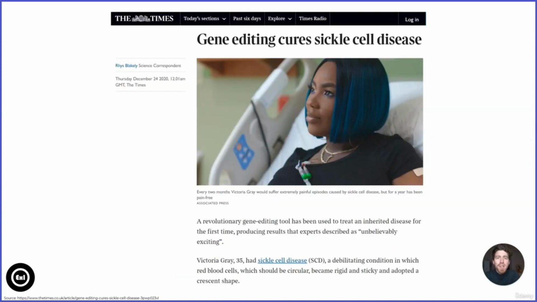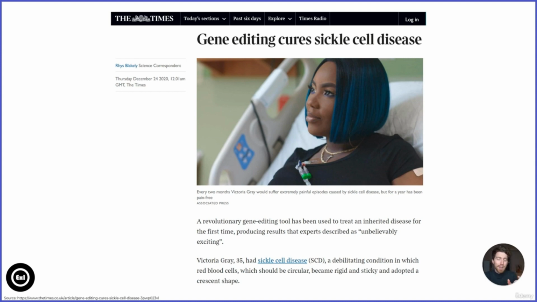In this short article, I want to give you another example of how gene editing has already been successfully applied. In this case, a patient called Victoria Gray was cured of sickle cell disease by applying CRISPR-Cas9. Sickle cell disease is a disease where you don't have enough healthy red blood cells carrying oxygen through your body.